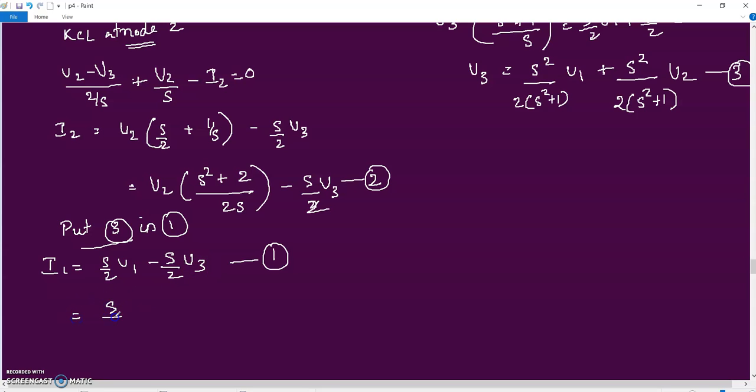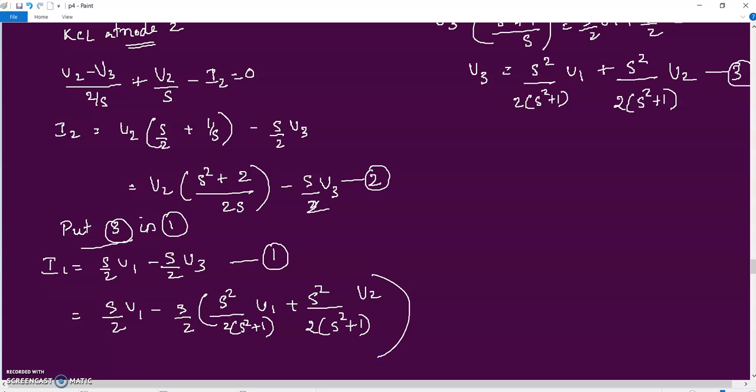That is S by 2 V1 minus S by 2 into [S square by 2 into (S square plus 1) V1 plus S square by 2 into (S square plus 1) V2].